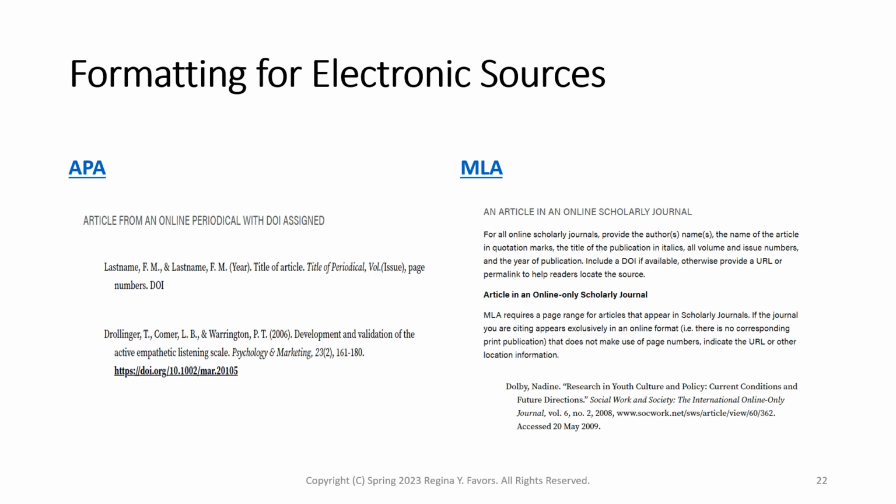So you see here in MLA format, you have both names spelled out, Dobie, comma, Nadine, but you don't see the year of publication. And then the title of the article is formatted in quotation marks. And this article then is housed in Social Work and Society, the International Online Only Journal, and that's italicized.